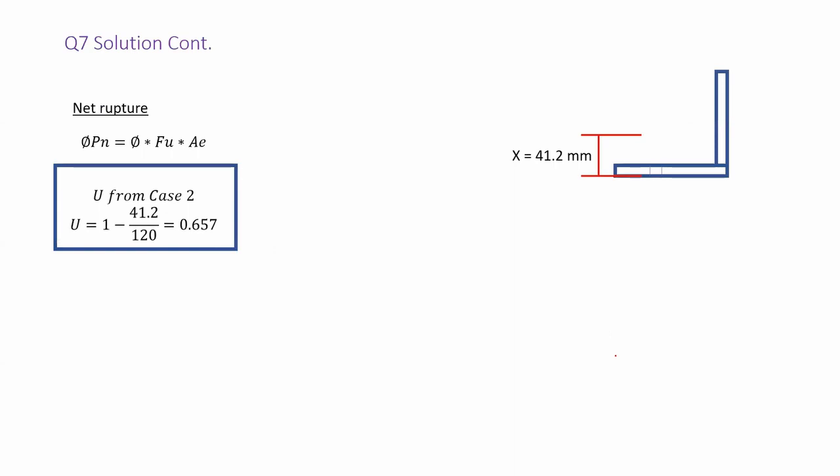Now, if we consider the net rupture for this section, I have the equation again that we know: Fu times Ae. We have to find U to be able to find the effective area. So what is U? If you check from AISC, for case number 2, U is 1 minus x bar over L. X bar you can find basically from the section tables.